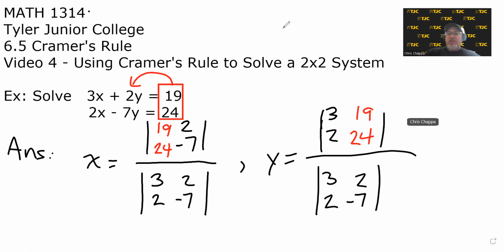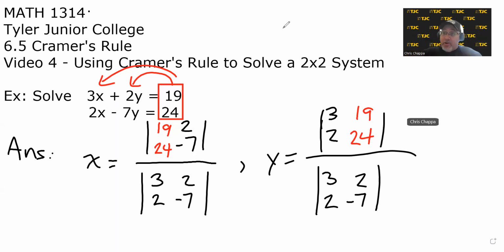Make sure you see what happened here because this is the critical juncture for setting up Cramer's Rule. The denominators of both fractions is just the determinant of the matrix of the coefficients. In other words, grab the numbers from the x and the y, throw out the x and the y, look at that 2x2 array of numbers, and that's your determinant for both denominators.